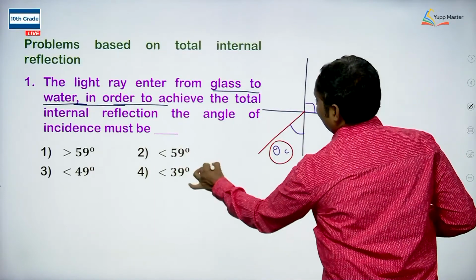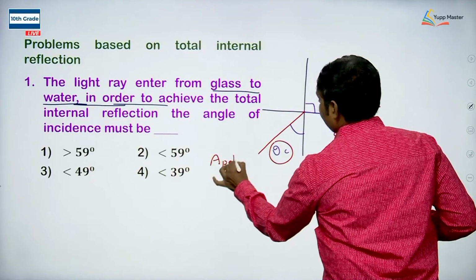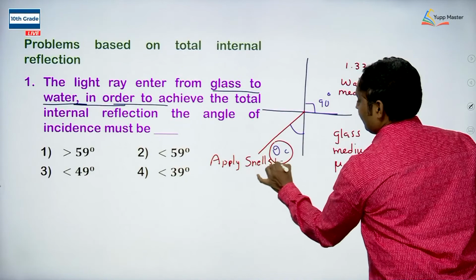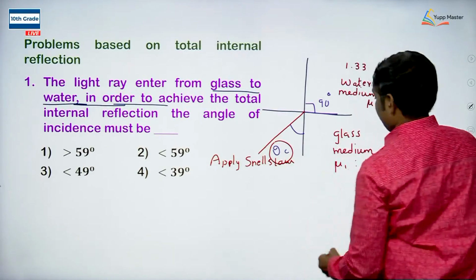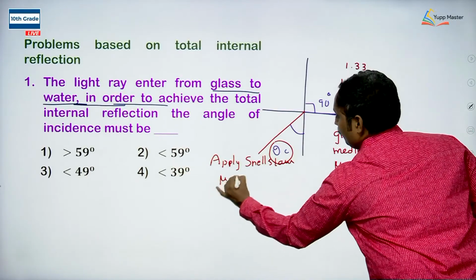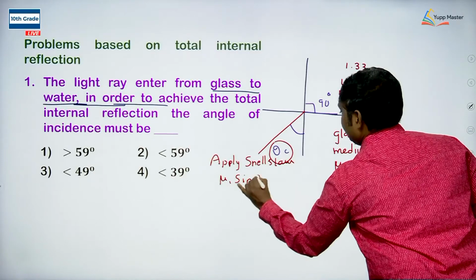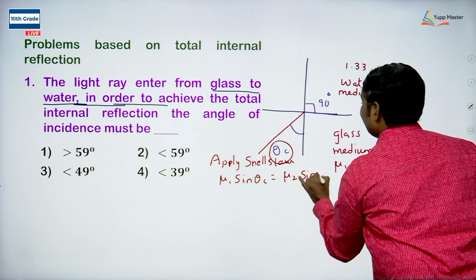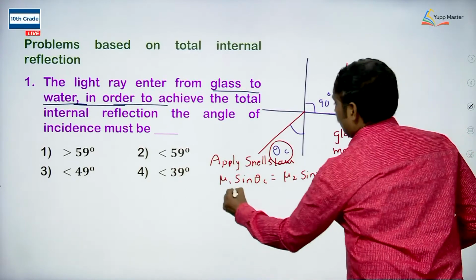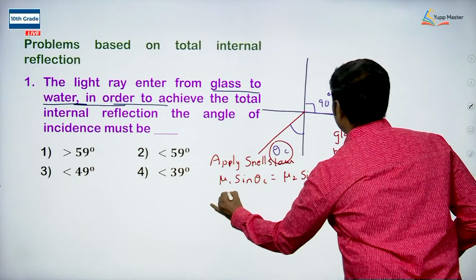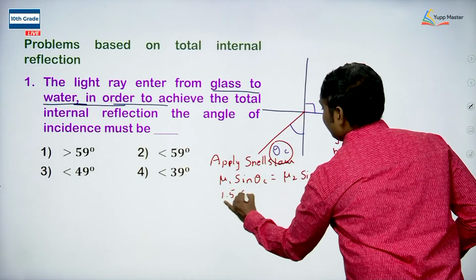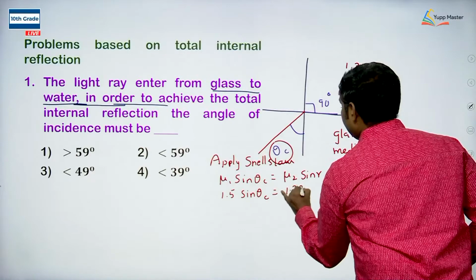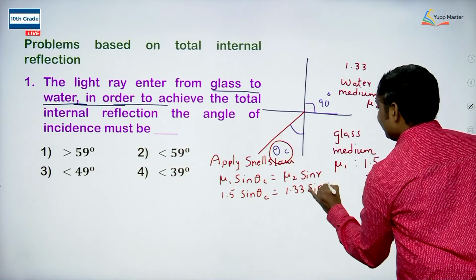Now apply Snell's law, you will solve that. mu1 sin theta c is equal to mu2 sin r. Now you are going to substitute the values also. 1.5 sin theta c is equal to 1.33 sin 90 degrees.